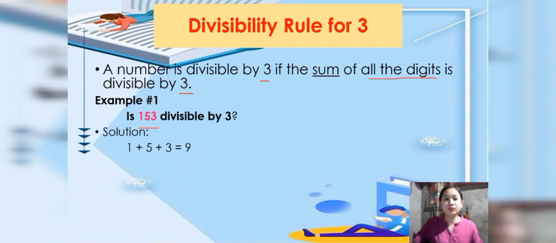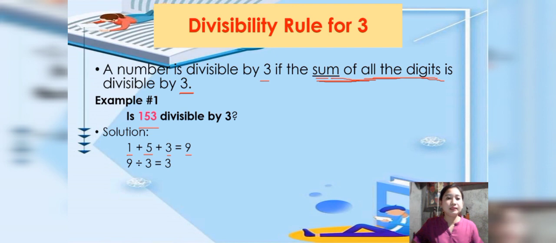Here's the solution. We said a while ago that the sum of all the digits is divisible by 3. So now, let us add each digit. We have here 1 plus 5 plus 3 is equal to 9.